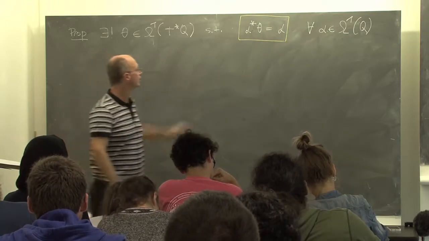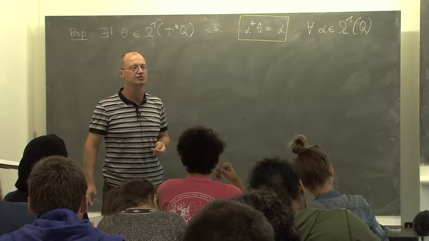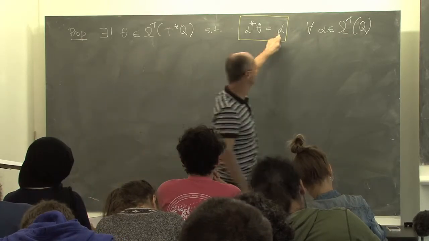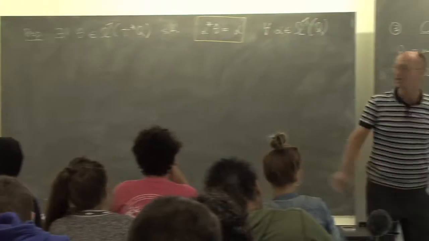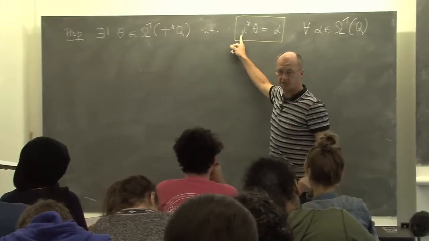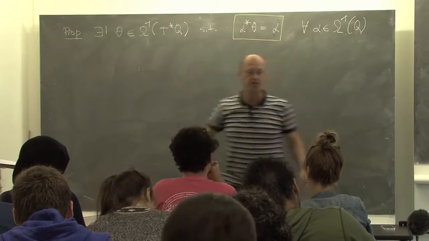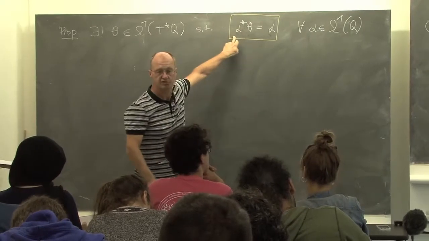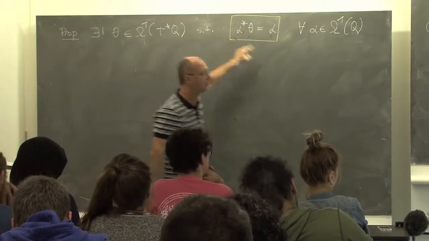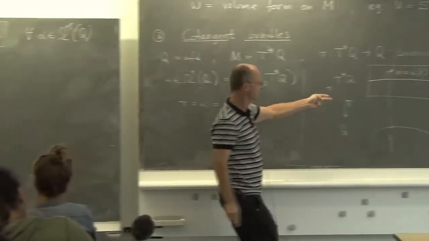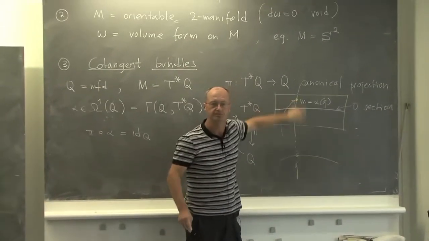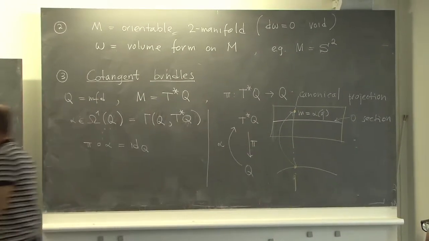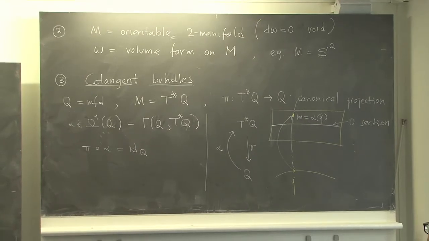That's because on the two sides we are using alpha in a different meaning. On the right hand side alpha is a one form on Q. But on the left hand side alpha is a map, and we take a pullback of theta with respect to that map from the base to the total space. Okay.